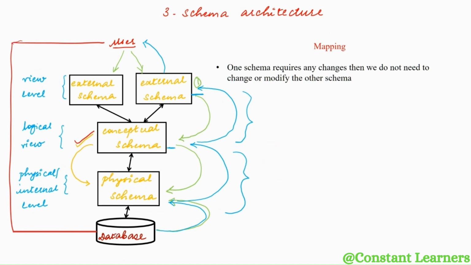Once the data has been located, the request then goes to the physical schema, that is, the data is extracted from the physical location of the database, and made visible to the user. So this is how the three schema architecture of a database management system works.